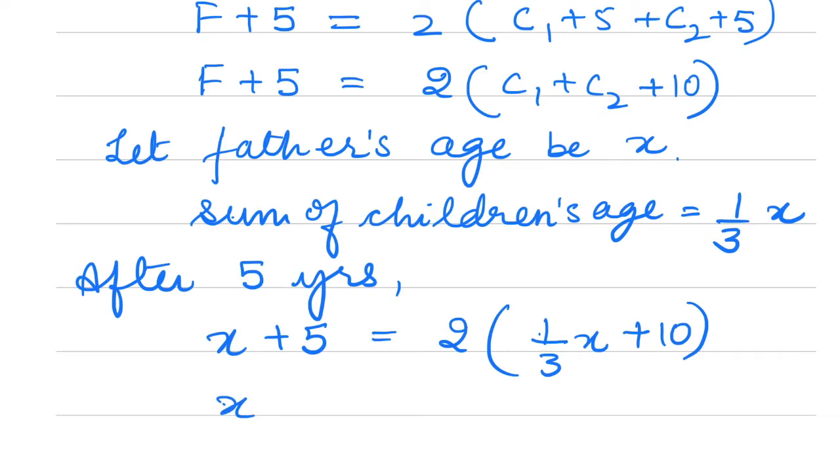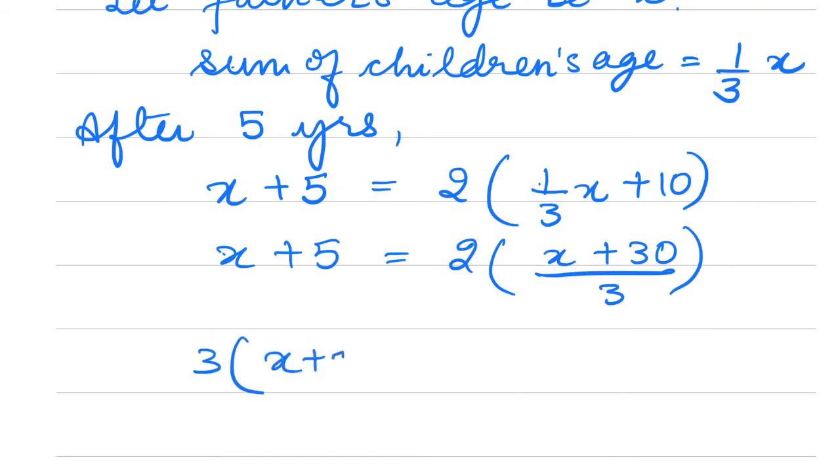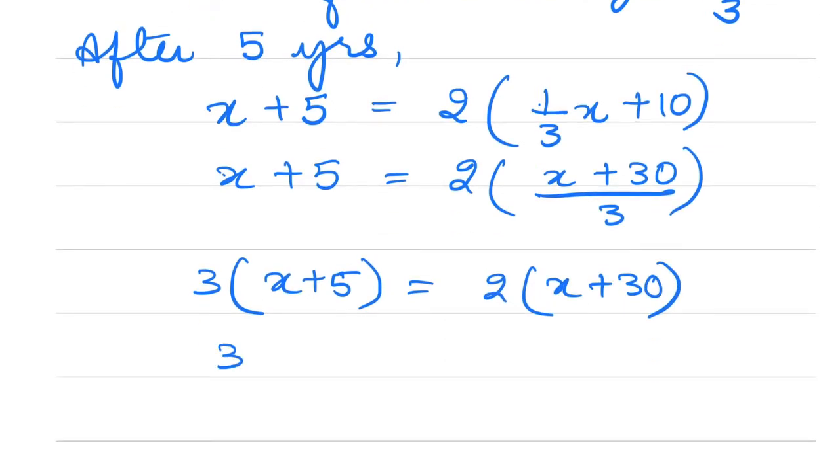Let's solve it. So x plus 5 is equal to 2 into x plus 30 by 3. So thrice x plus 5 is equal to twice x plus 30. Now 3x plus 15 is equal to 2x plus 60.